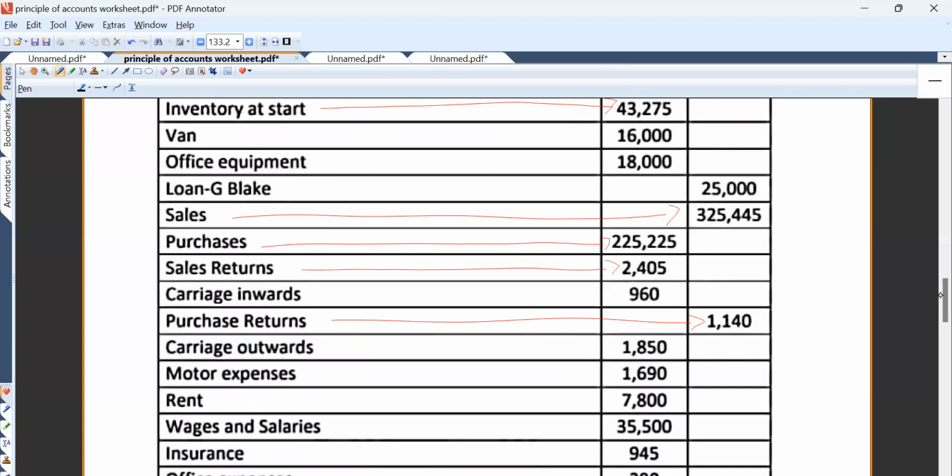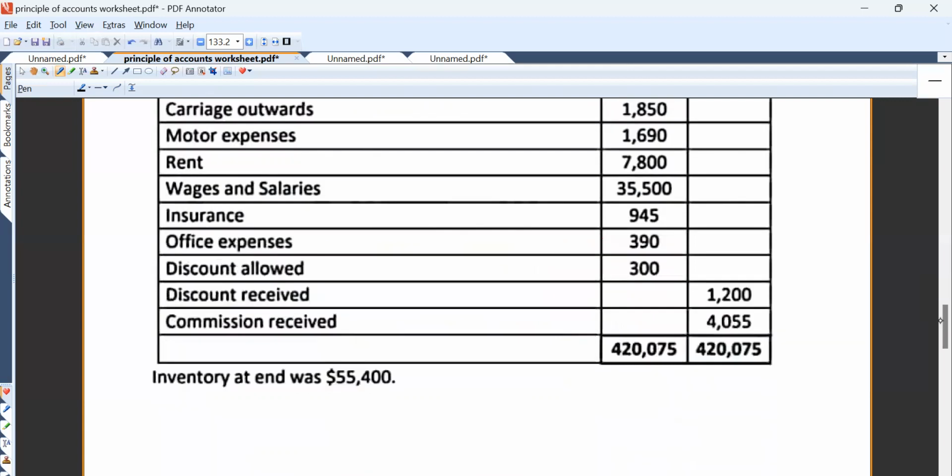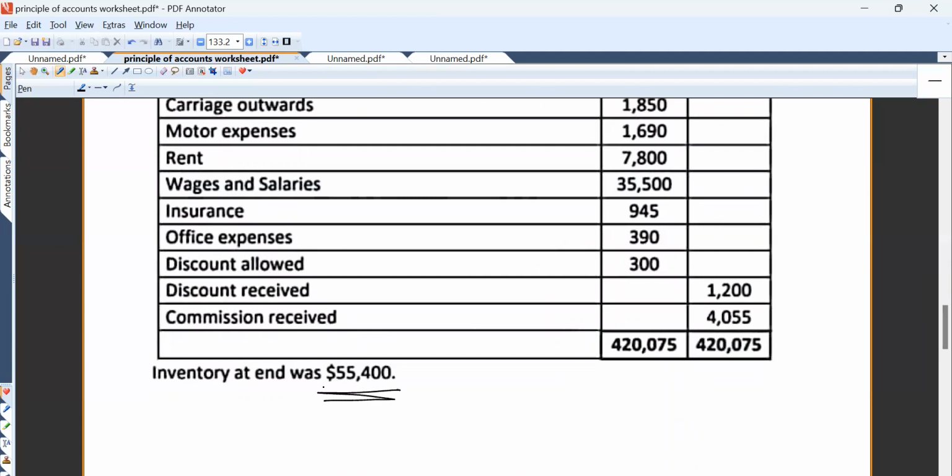That's carriage inwards. Carriage inwards is also part of cost of goods sold. We have carriage inwards as 960. Then we have closing inventory, inventory at end, which is 55,400.